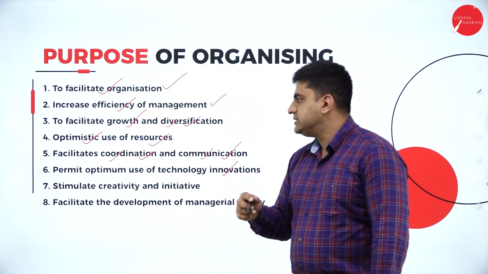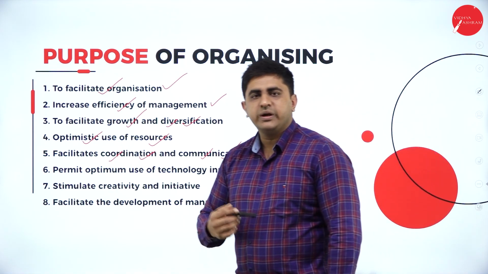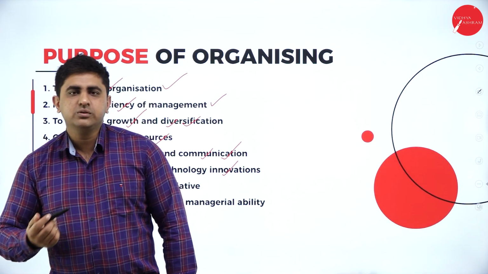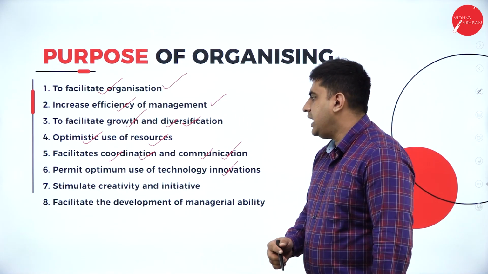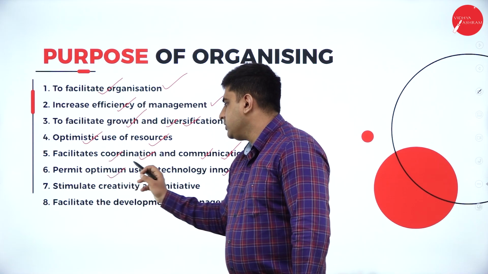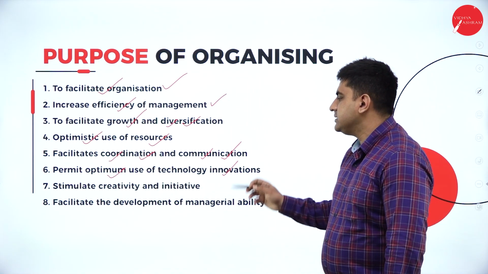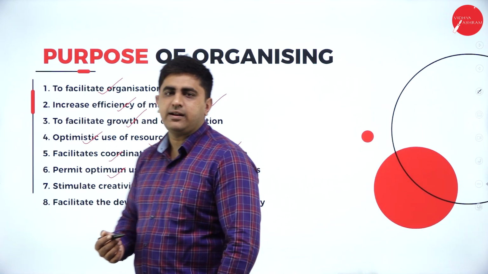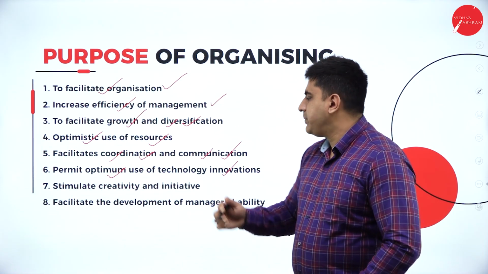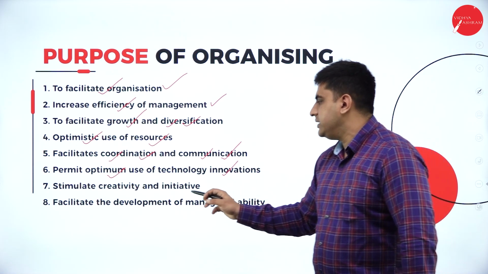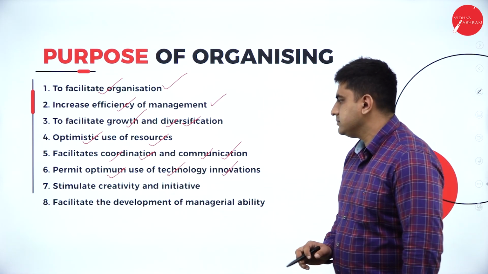So when you are organizing, if you choose to innovate or if you choose to invest in a new technology, what you are doing, you are permitting optimum use of technological innovations. That is what latest trend is there in technology today. If you are adopting it, what you are doing, you are upgrading or you are innovating the technology inside your organization. That is the meaning.